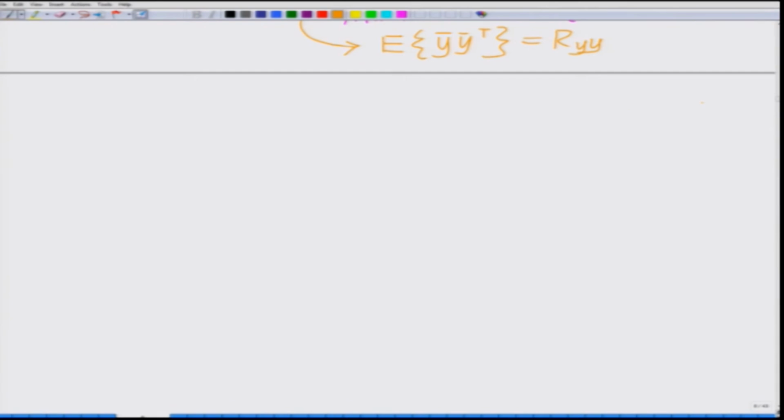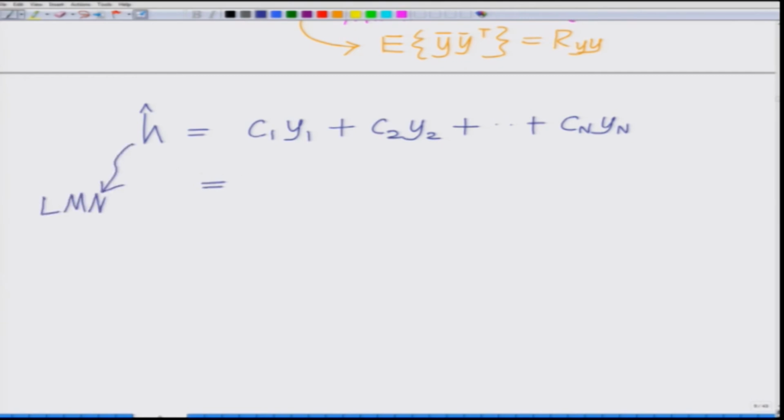And therefore, now what do we have? The optimal MMSE estimate H hat is C1 Y1 plus C2 Y2 plus so on Cn Yn. This is the LMMSE estimate. Remember, now we are in the LMMSE domain.